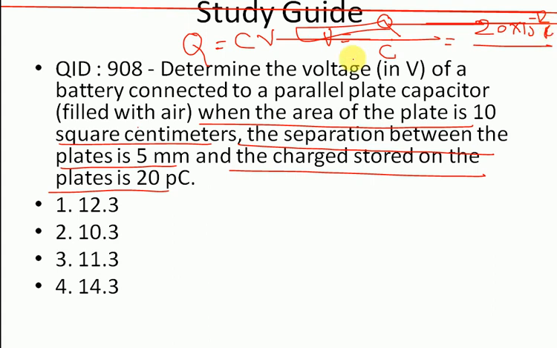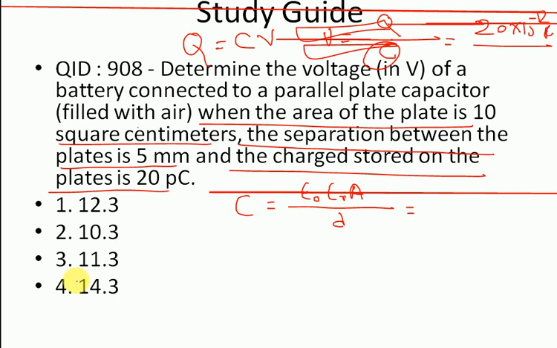Now we have to calculate the C. What is the formula for C? C equals epsilon naught epsilon R A upon D. Now as it is an air capacitor, what can we write here?